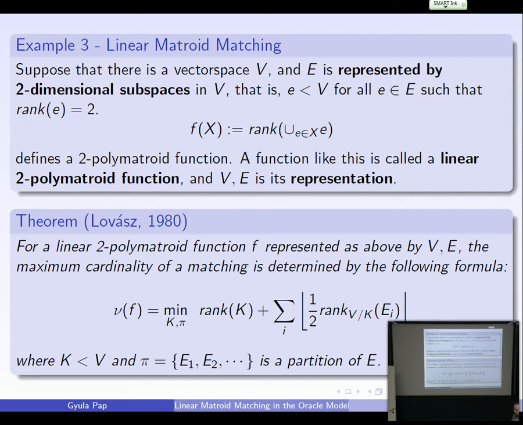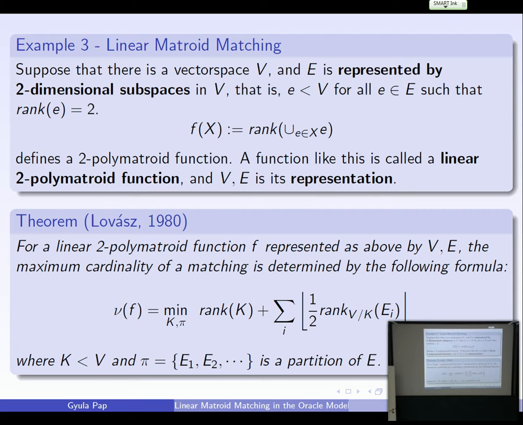There's just a little issue with this. All this you can do in any field, small fields or large fields.